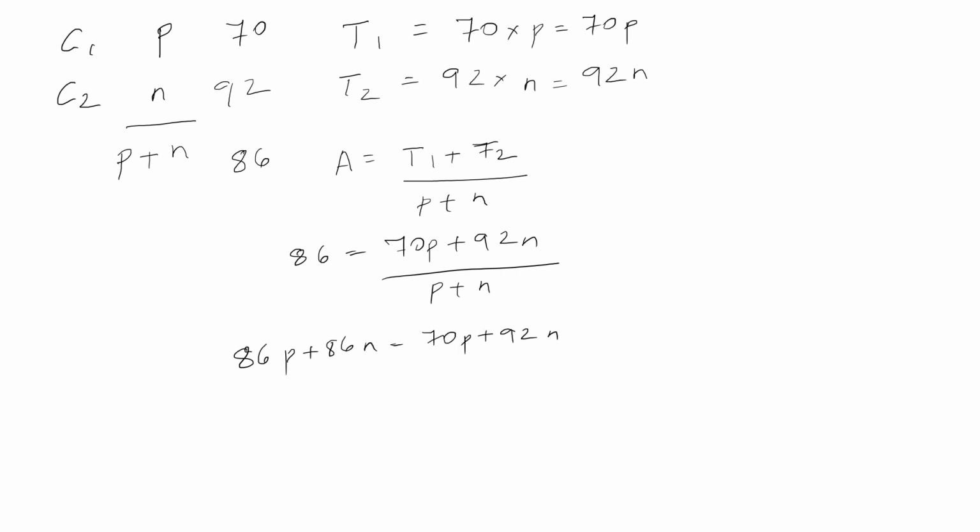If I solve this, taking the P to this side, we'll have 16P equal to 6N. So the ratio of P to N is 6 to 16, that is 3 to 8. So the answer is 3 to 8.